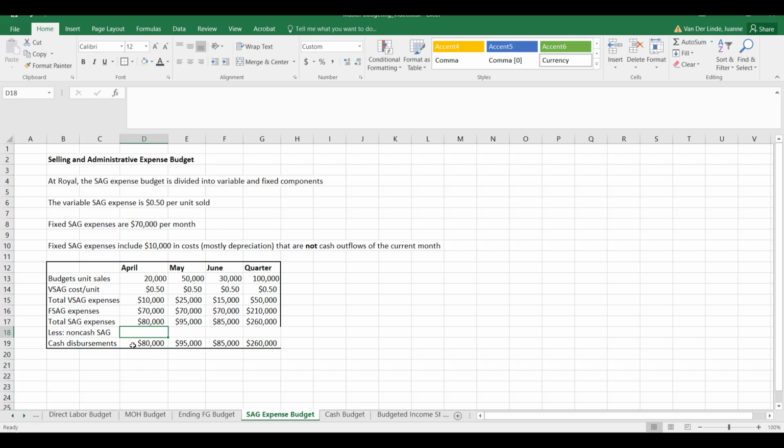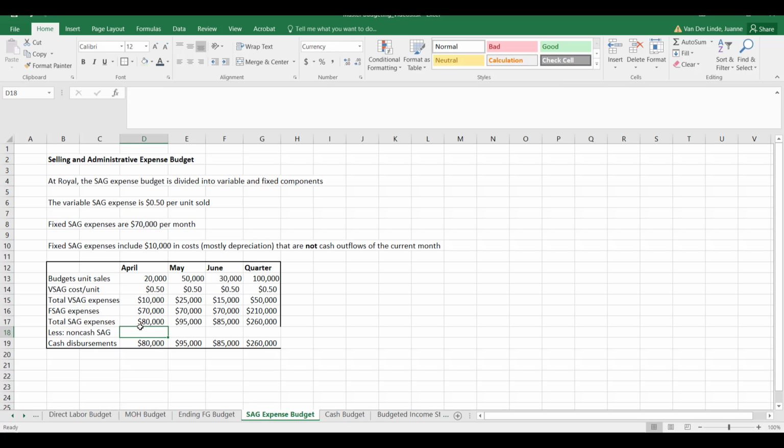Now, it's important here, we've now found the total SAG expenses for each month and for the whole quarter. But then we also want to know, of each of these amounts, how much of it will require a cash disbursement. Now they tell us here that $10,000 of the $70,000 of monthly fixed SAG expenses represents non-cash costs, so things that don't require a cash outflow.